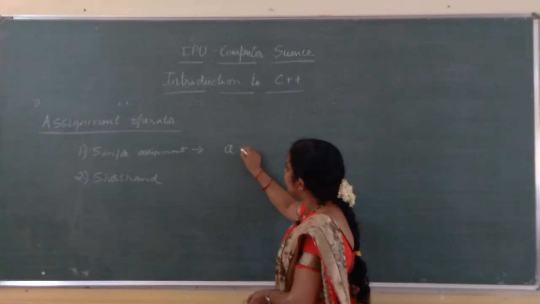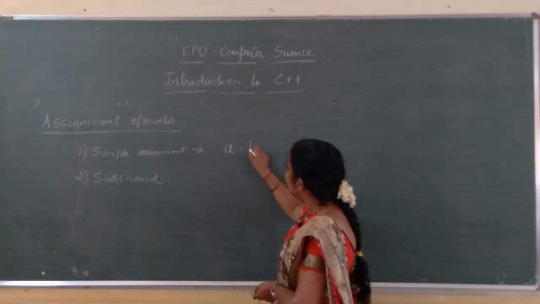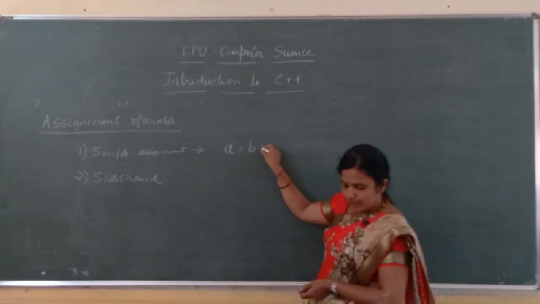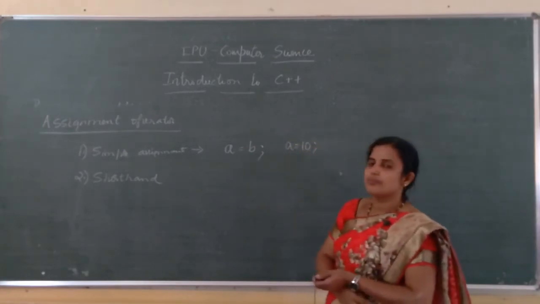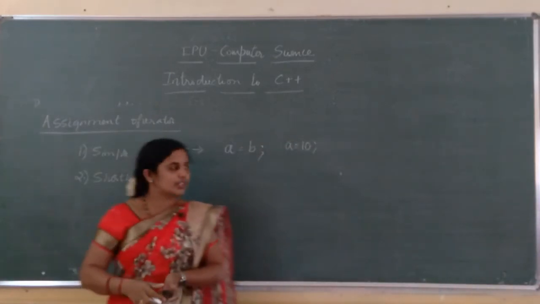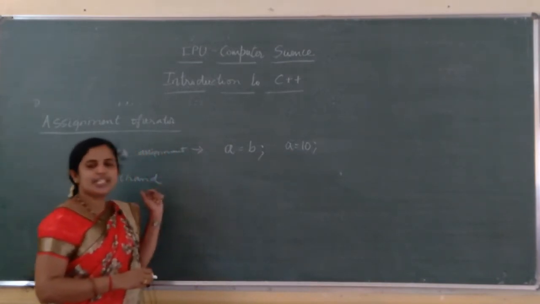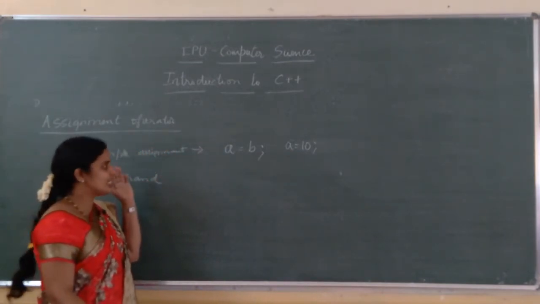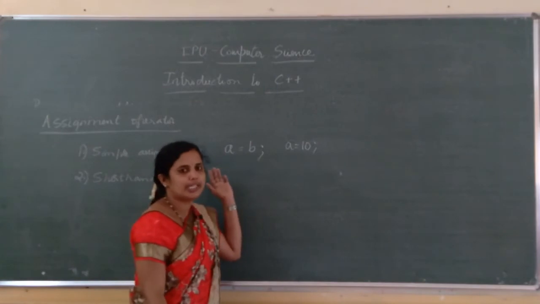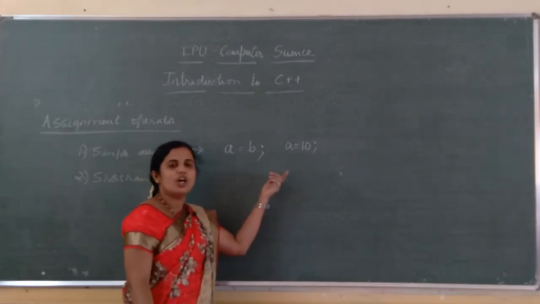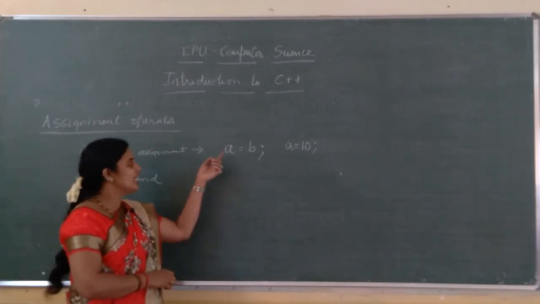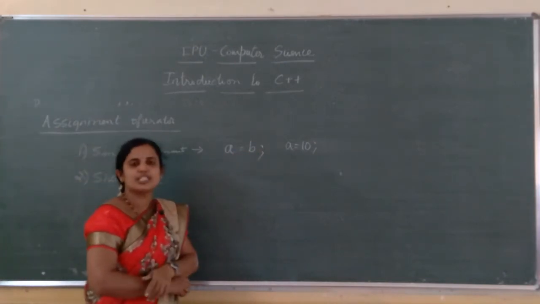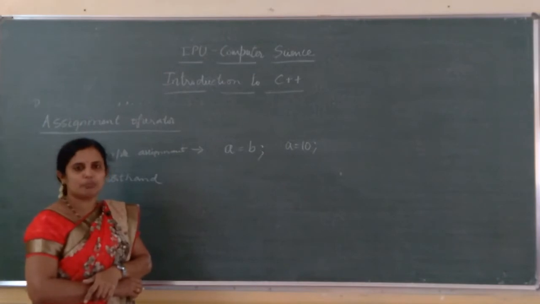Here suppose I write A is equal to B, or A is equal to 10. It is known as a simple assignment operator. The equal symbol that I have used is known as a simple assignment operator.